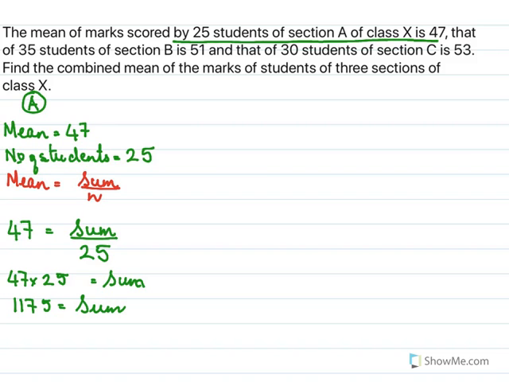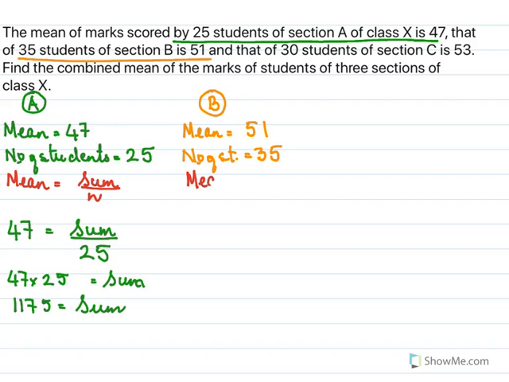Now let's take up section B. The mean marks of 35 students of section B is 51. So for section B, the mean equal to 51, number of students equal to 35.